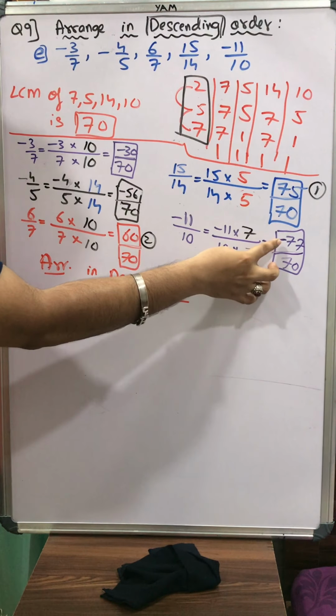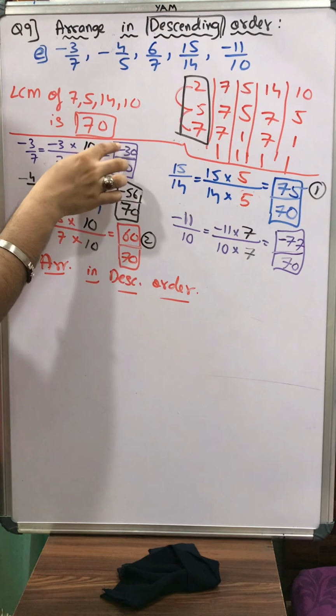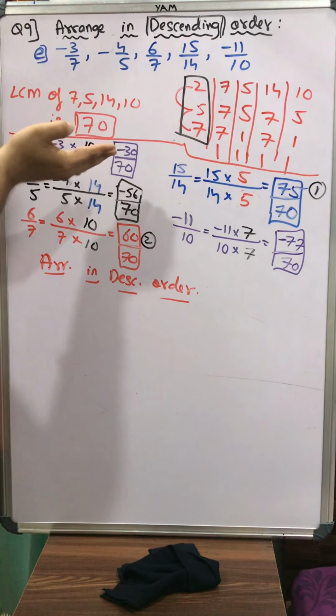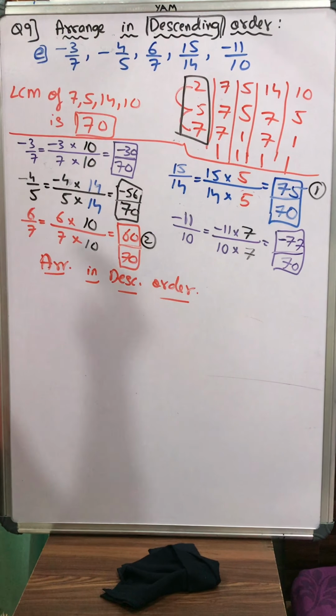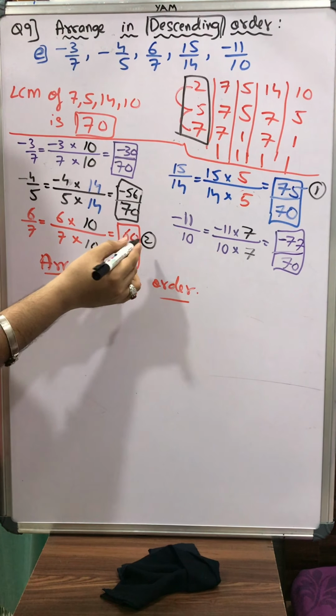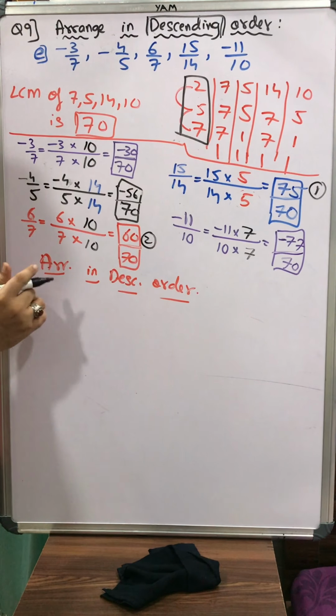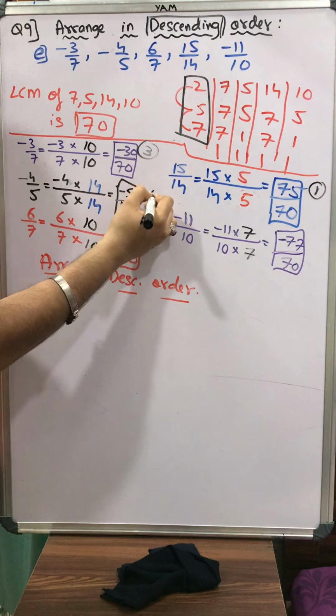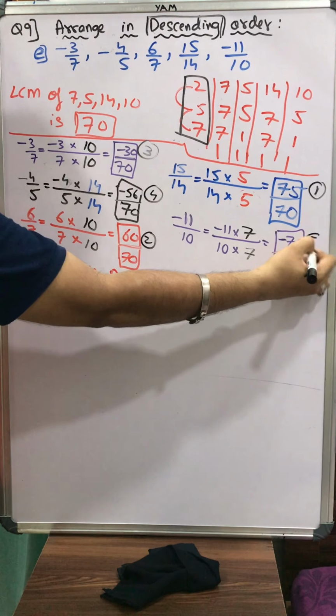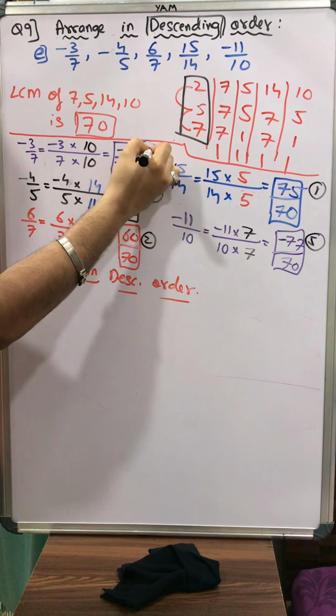So minus 77 will be least and minus 30 will be highest, because the lesser the number with a minus sign, the greater is its impact. So I can say the third greatest number will be this one, the fourth one will be this, and the fifth one will be this.